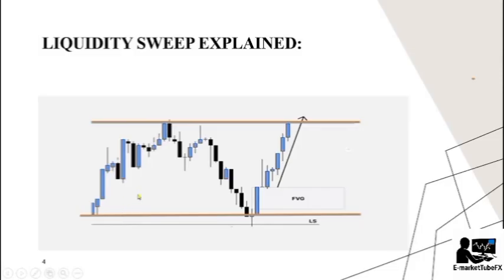So in order to fill their large orders, they want to buy the market, but they need money. They need liquidity to fill their large orders for the bullish move. So as price moved to this zone, the market makers reversed price up to this low side, then pushed further down to take out all the money placed here.